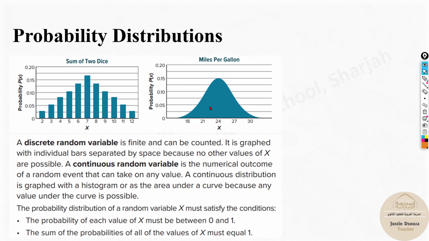Here in this probability distribution, you must always know that when you add up the entire probabilities, it must be 1, because what is the probability of something happening? Imagine there is a 30% chance that it will rain tomorrow. 30% out of 100, the 70% it's not going to happen.